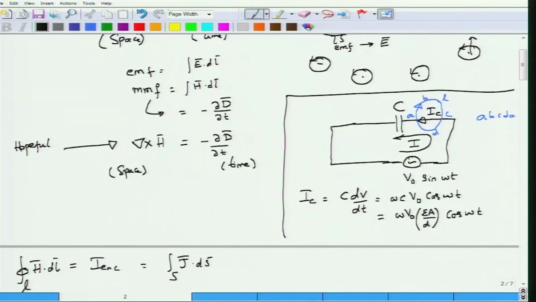So let me consider a surface over here that looks like this.